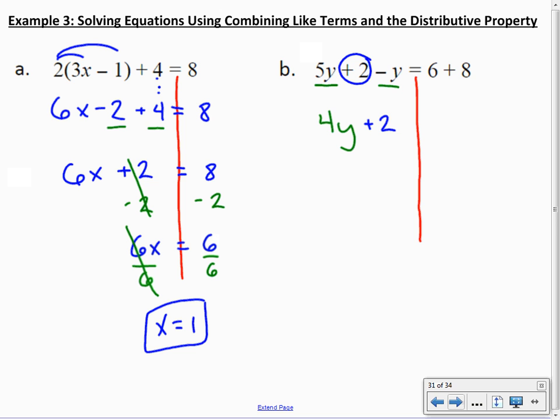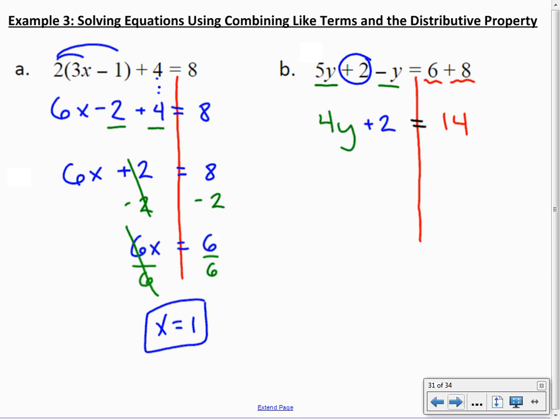On the right side of our equation, 6 and 8 are like terms. They can combine together to make 14. So notice I didn't combine the 2 and the 14 together. They're on separate sides of the equation, so they have to stay separate when we're combining. Now when I go to solve for y, remember we take care of addition, subtraction first.